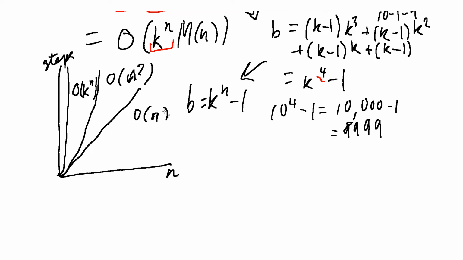And because the amount of steps grows faster as the number of digits increases, the algorithm gets even slower as the amount of digits increases. So this is just a very slow algorithm.